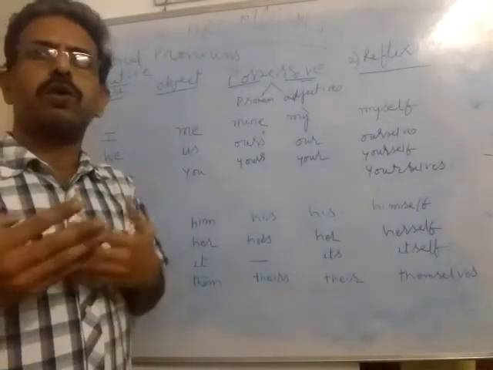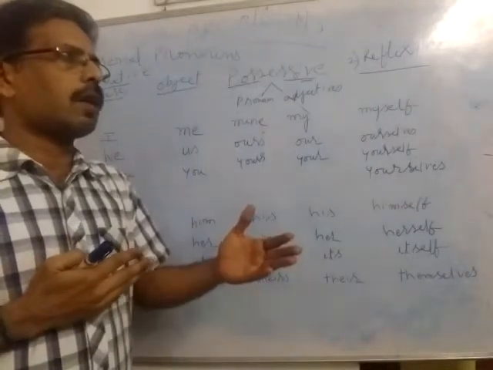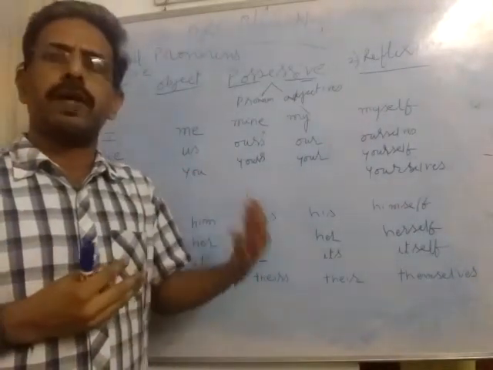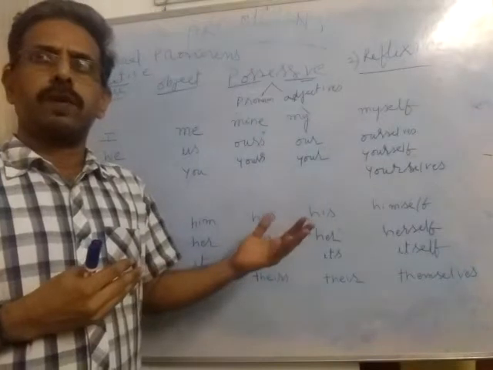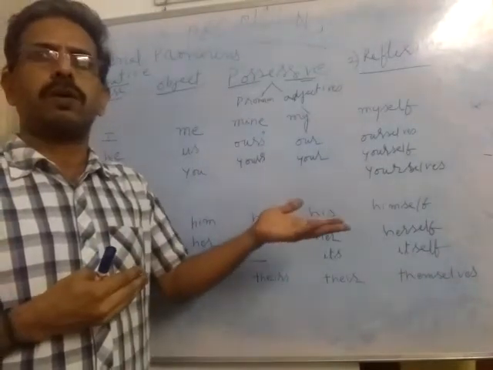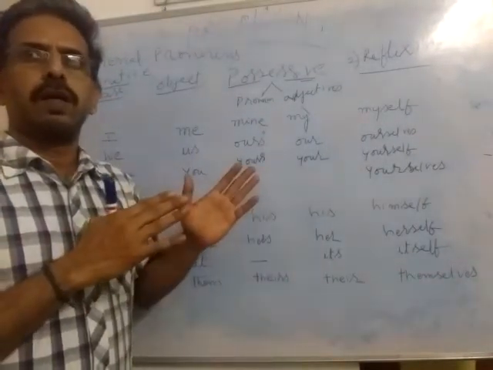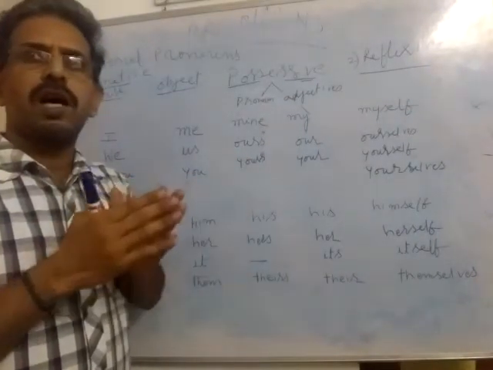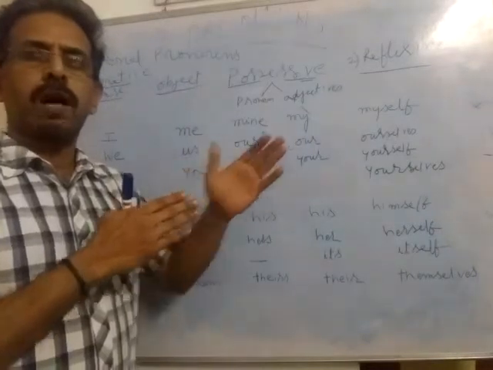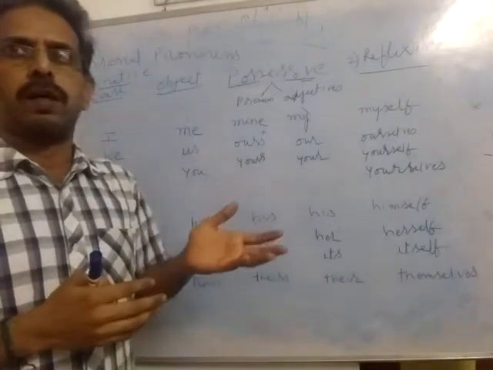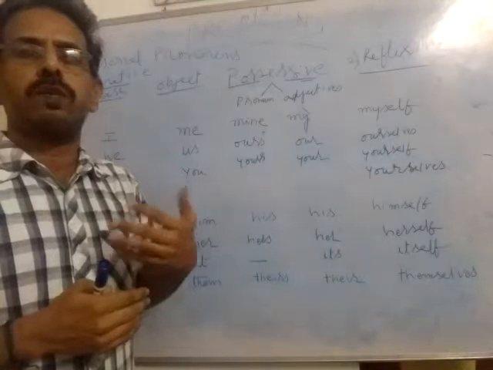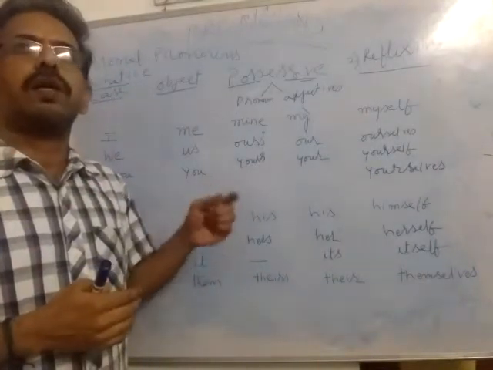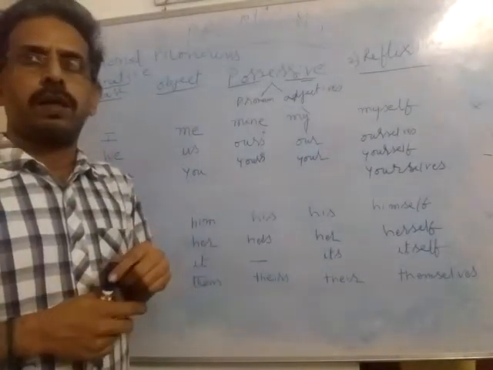You don't know Ramu, so I'm introducing the person using his name. In the second sentence I'm using he instead of Ramu. So Ramu is coming, he is my friend. Instead of saying Ramu is my friend, I'm saying he is my friend.